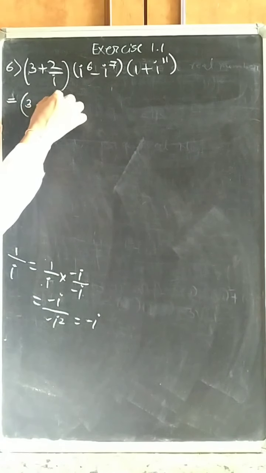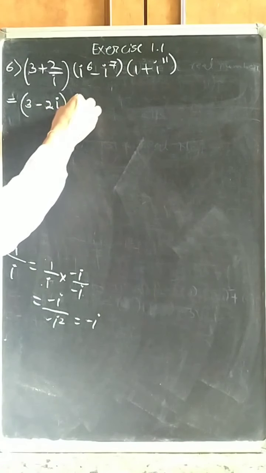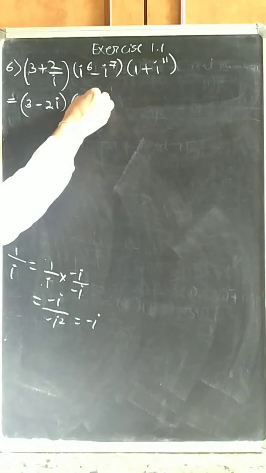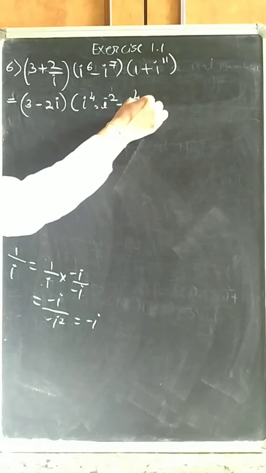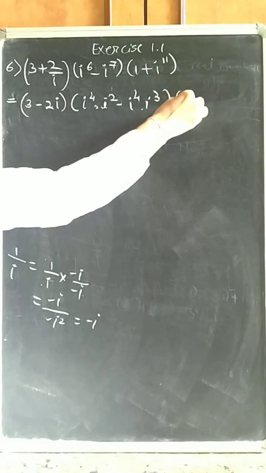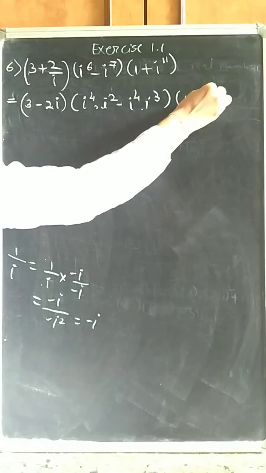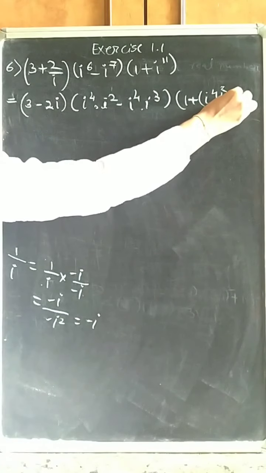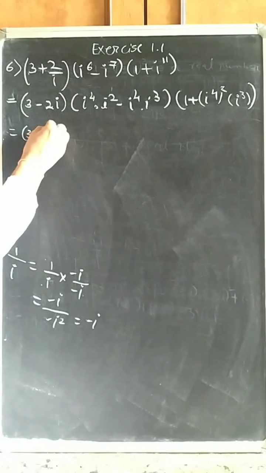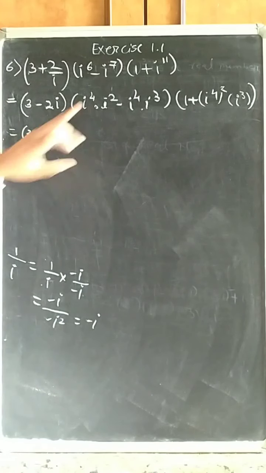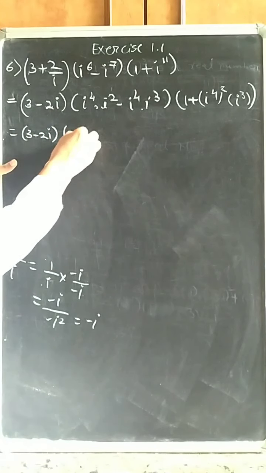3 minus 2i into (i raised to 6 plus, how can we write, i raised to 4 into i square, minus i raised to 4 into i cube), (1 plus i raised to 4 square into i cube) is equal to 3 minus 2i. I raised to 4 is 1 and i square is minus 1.